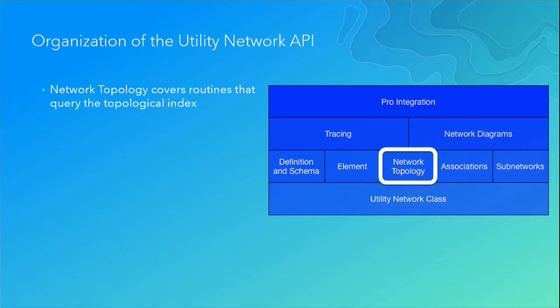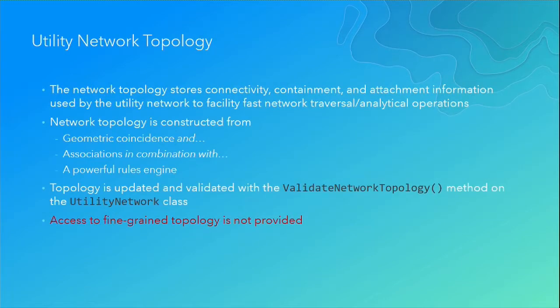Okay, network topology. We have a set of routines that query the topological index. Now, the network topology, the network index, if you want to call it that, stores the connectivity, containment, and structural attachment information that is used to do fast network traversal and retrieval. This index itself is created from a number of things.